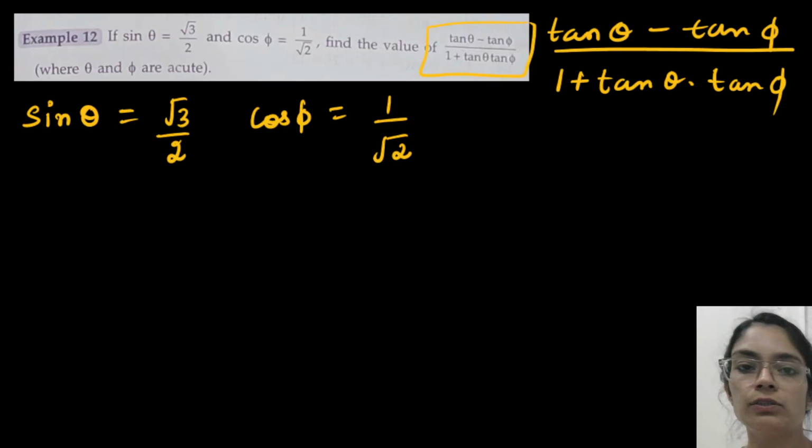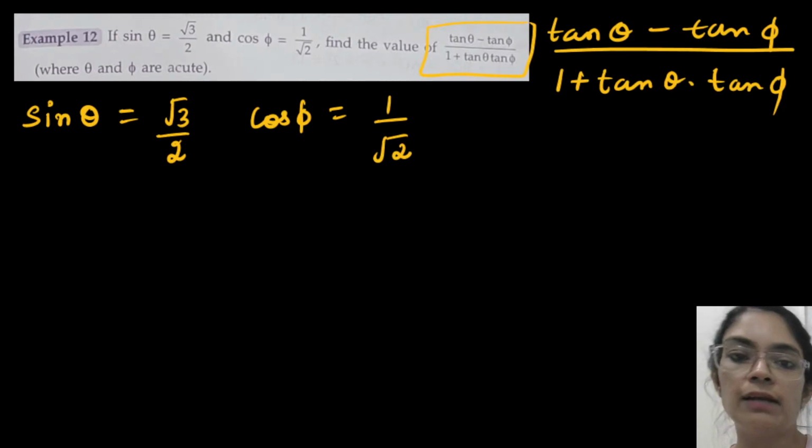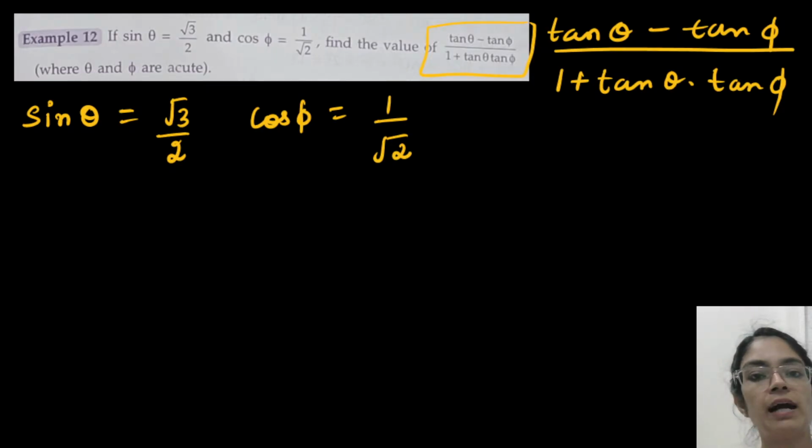This question also we can do by using the standard angles because it will be easy that way. But if you want, you can also use the Pythagoras theorem and find the third side of the triangle. We have done these types of questions earlier, but with standard angles it will be much easier.